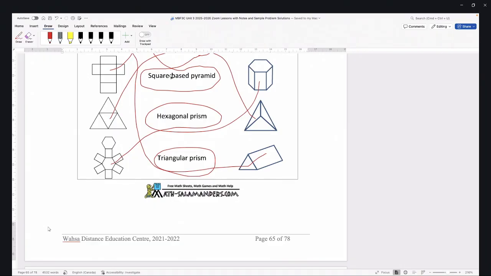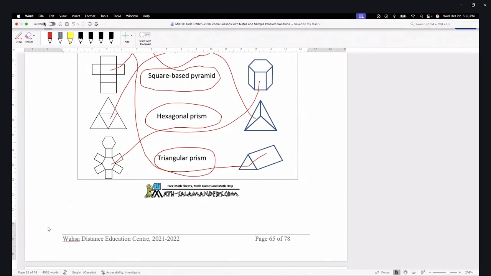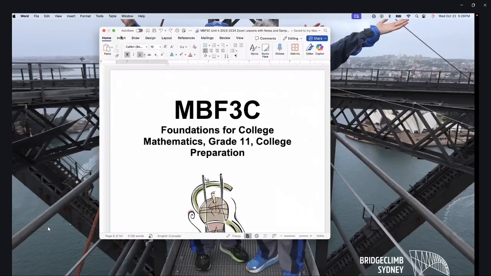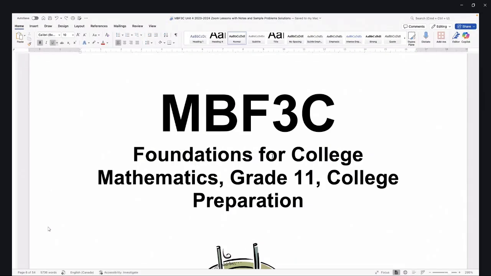And you just let me know which format you want, if you want it in Word format or in PDF format, and I'll make sure that you do get it. So I'm going to save that, close this, and now we're going to move on to the next unit.